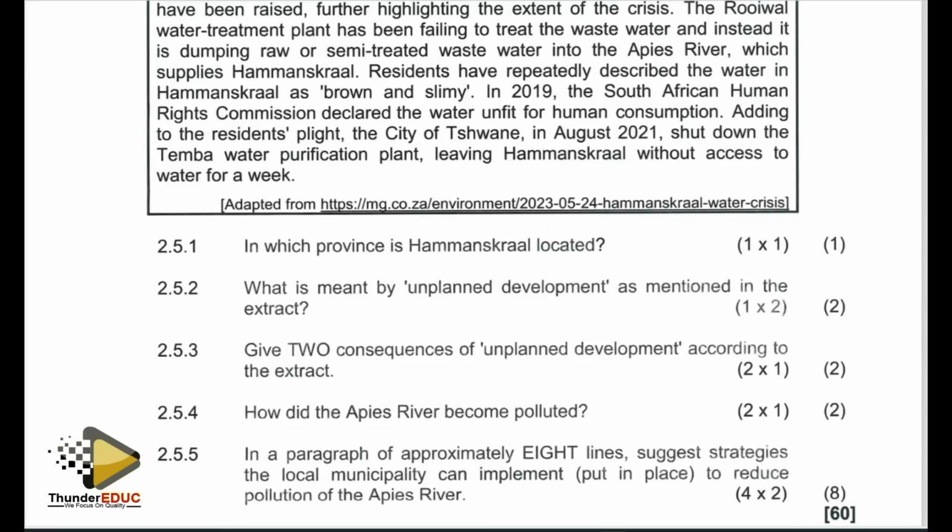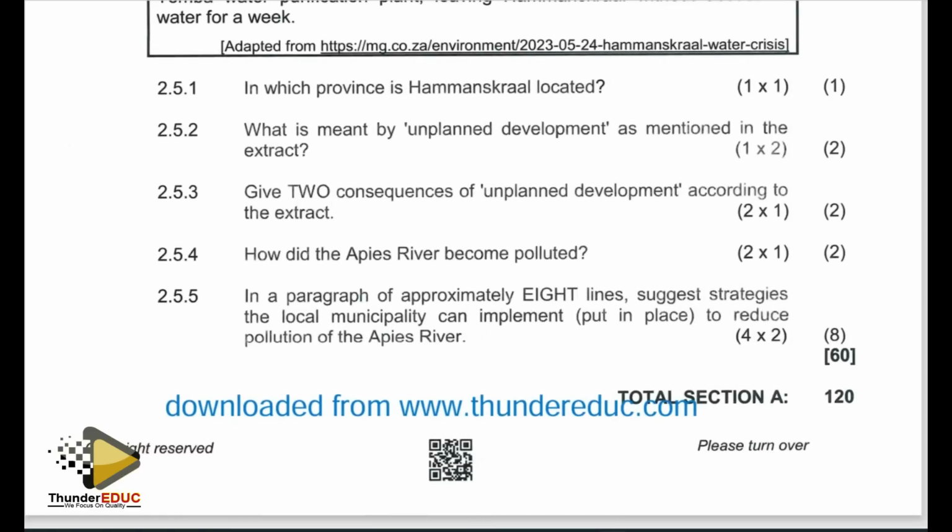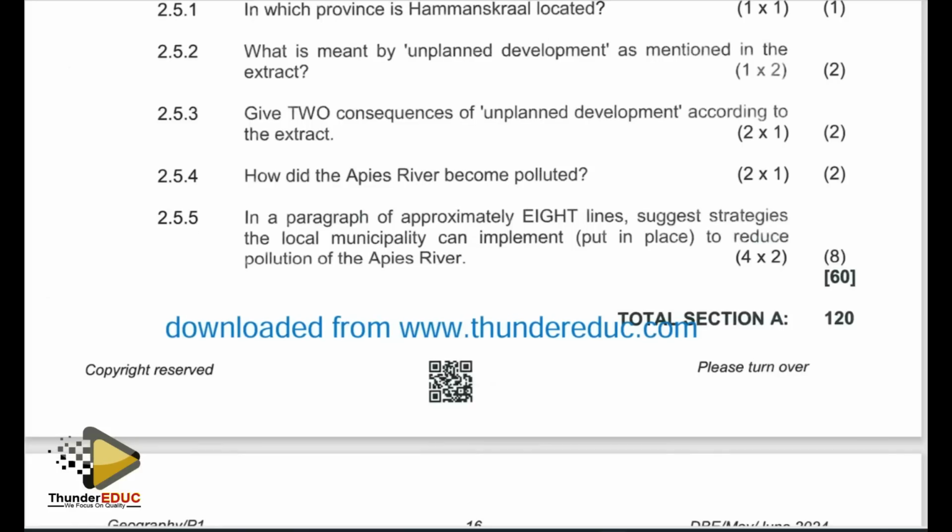That is unplanned development. So basically it has something to do with illegal settling of people, or the sprawling of the urban settlement, the formless growth of urban areas and cities, or basically the growth of informal settlements. That is unplanned development.